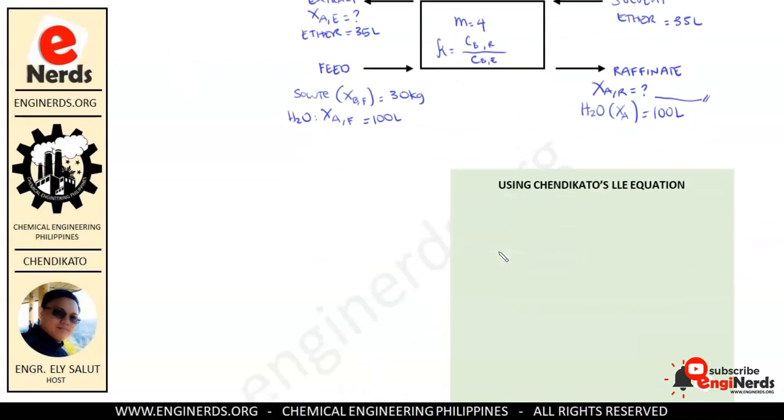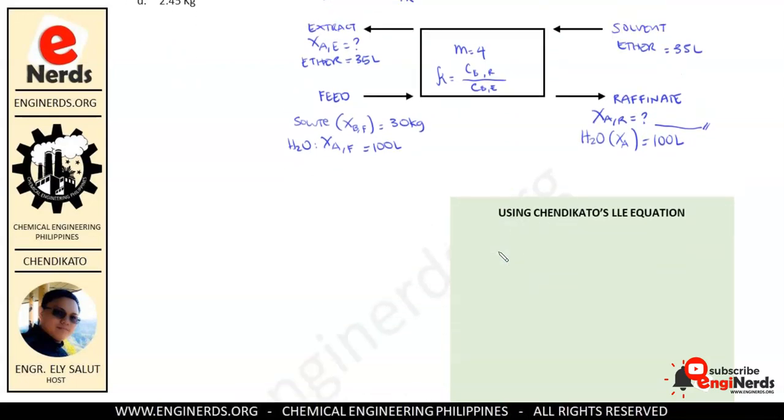So, we have the value of our distribution coefficient which is equal to 4. So, M is equal to 4. And we know that the value of the distribution coefficient is equal to the concentration of the solute in the raffinate over the concentration of the solute in the extract. Okay? So, express natin tong distribution coefficient that way.